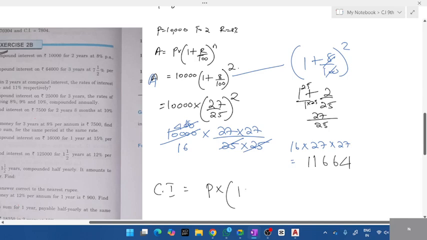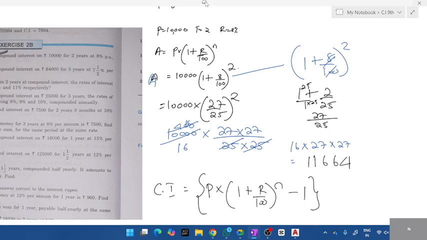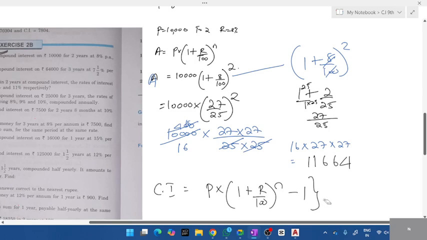P into... minus. Okay, even this is not required. All of you will complete this. I'll explain this once again.